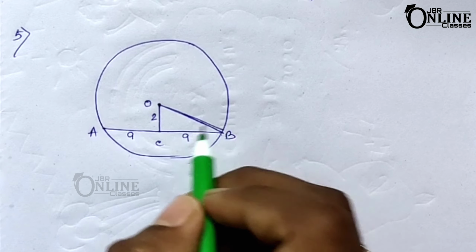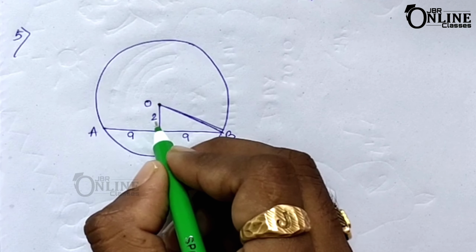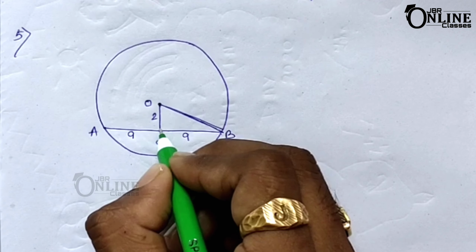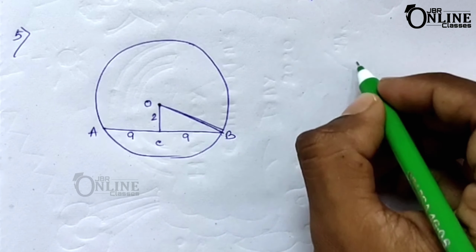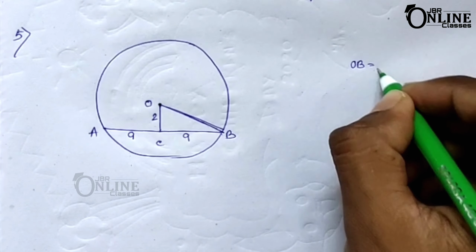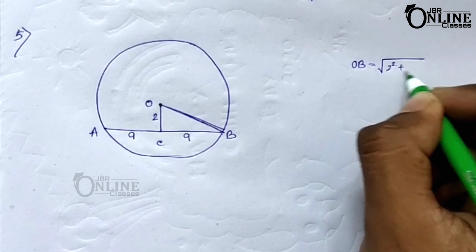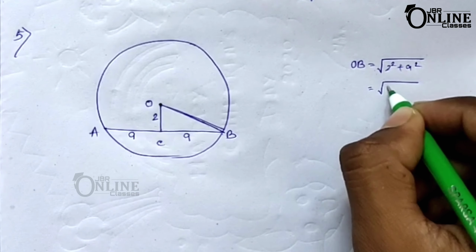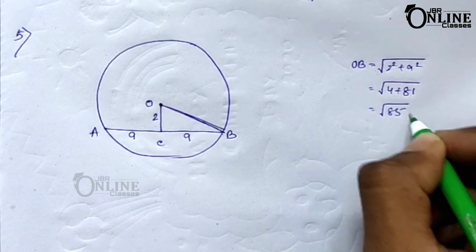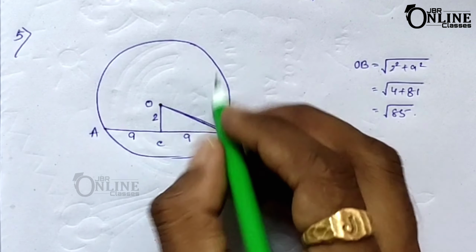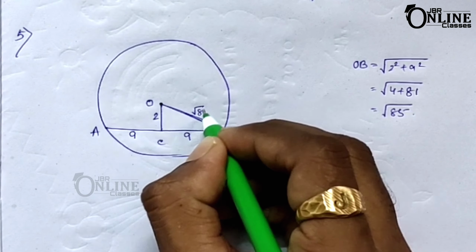Here OB is the radius. Okay, so if this one equals 2 and this one equals 9, then by Pythagoras theorem you can easily find out the value of OB, and OB equals root over 2 square plus 9 square. So 2 square means 4, 9 square means 81. So that means root over 85. Okay, so that is the value equal to root over 85.